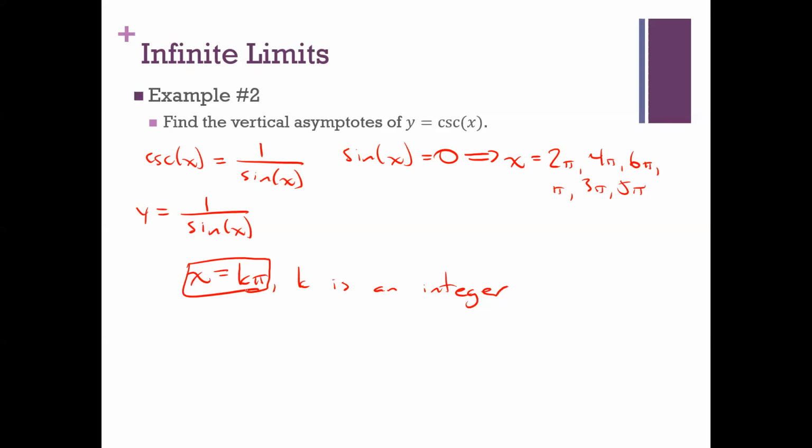It's not terribly important what it looks like, but if you were to go to Desmos or something and graph this, you would see that it would look a little bit like the sine graph, but you would see vertical asymptotes at regular pi intervals there. Any questions about that?